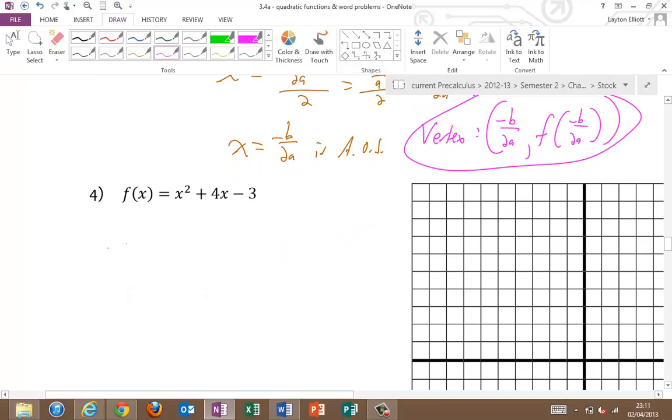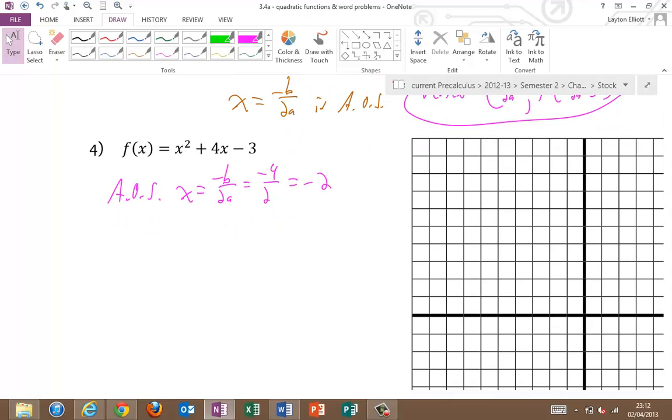Here's an example, number 4. Our axis of symmetry is x is equal to negative b over 2a, which is negative 4 over 2 times 1, which is negative 2. That's my axis of symmetry.